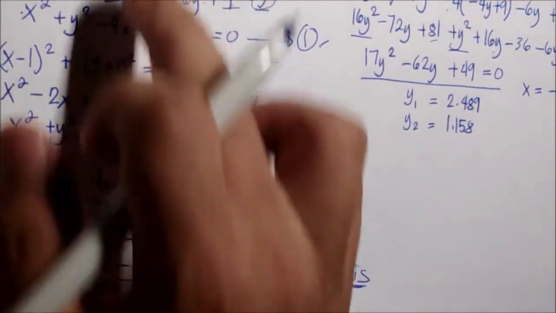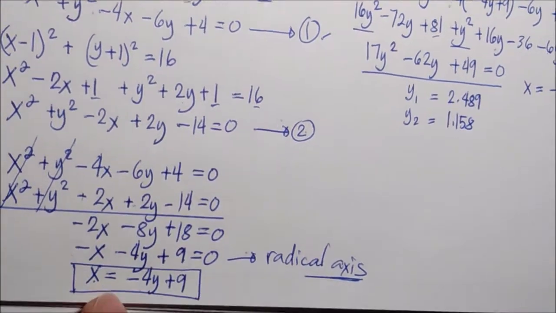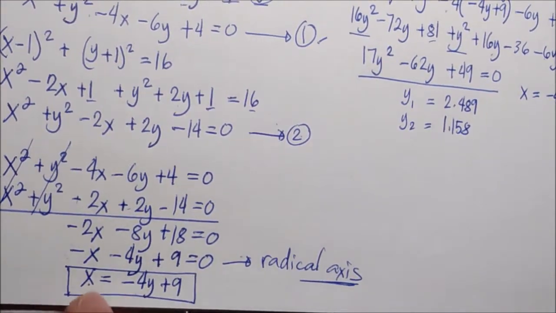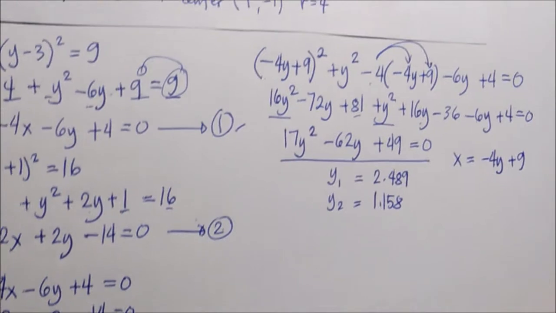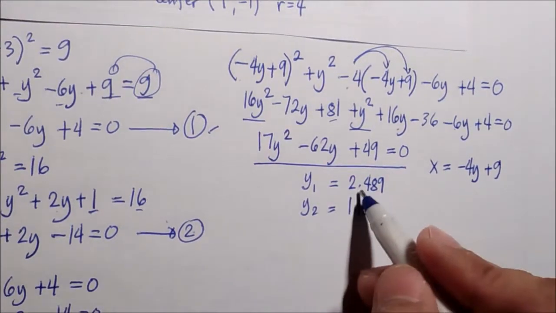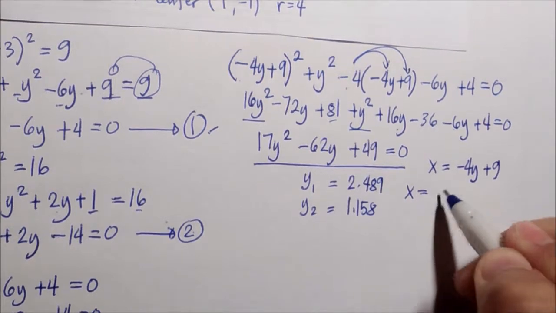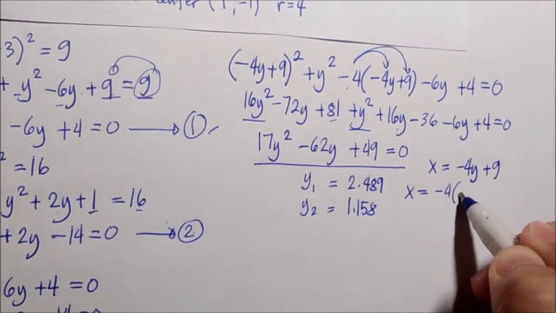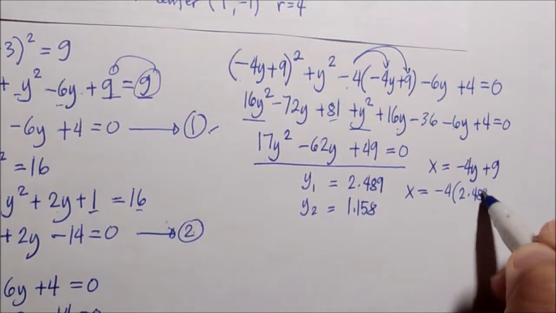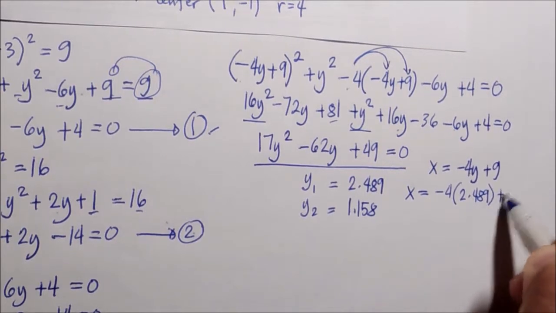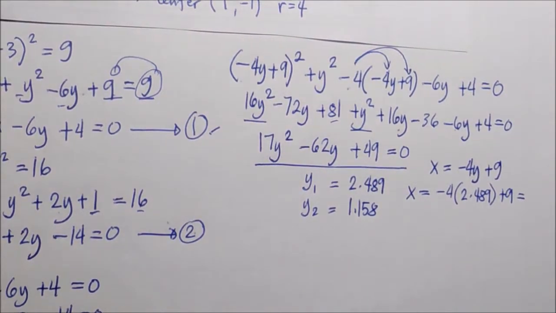Or you can use also the first or second equation, okay, but this is the easiest one. Now if y is 2.489, the value of x will be negative 4 times 2.489 plus 9. Okay, that will be your x.